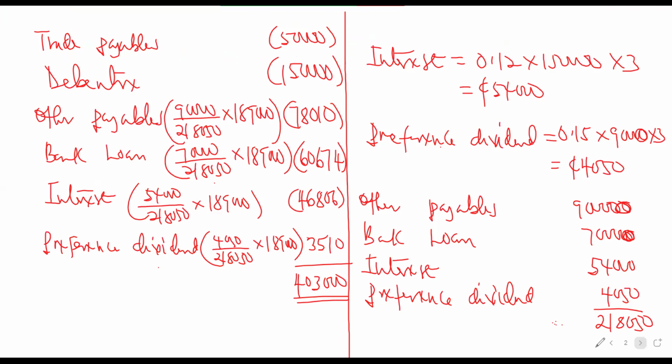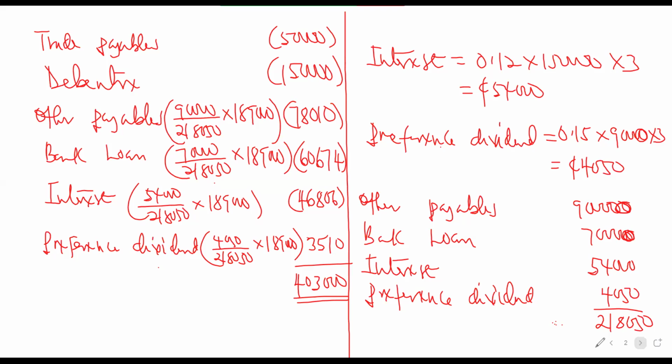It is calculated if you are doing the capital reorganization. The other payables have 90,000, but they will be losing 7,810 if the loss relates to these people. But the maximum loss is always relating to the preference shareholders and the ordinary shareholders.